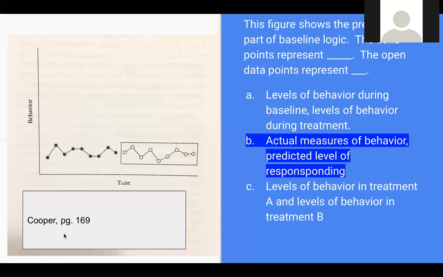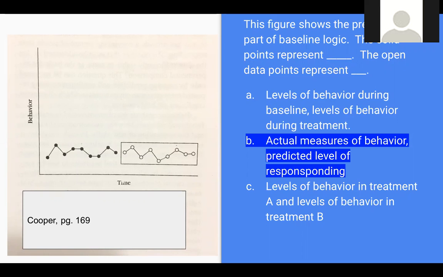Who wants to explain why the answer is B? I can explain. At first I was confused, but then I looked at the other choices. It's not A, because even though you might read the first part and think levels of behavior during baseline, the second part says levels during treatment, and there's no treatment there, because that box with the open circles is not a treatment.